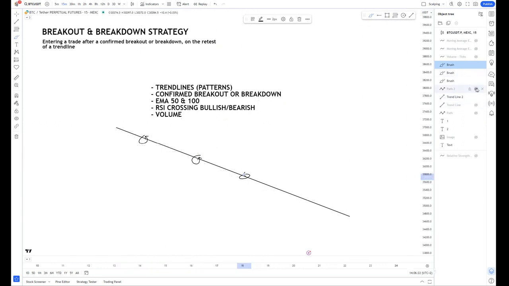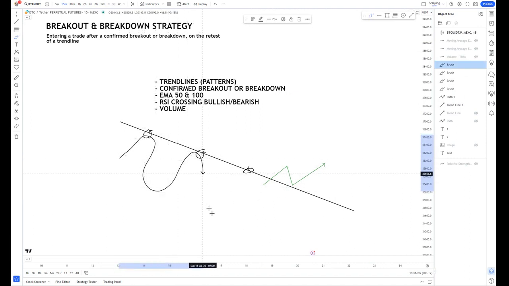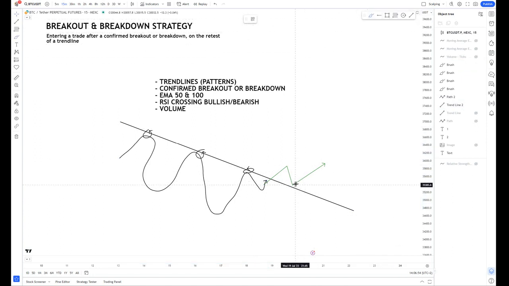So then you would be waiting, in this case, again for price moving above the trend line, because if you're looking for a breakout, I'm assuming you know that price is moving below the trend line and then comes at a point that it breaks out. So it moves up through the trend line, it confirms a breakout above, then retests the trend line, and also in this case the retest is the point where you should go long.